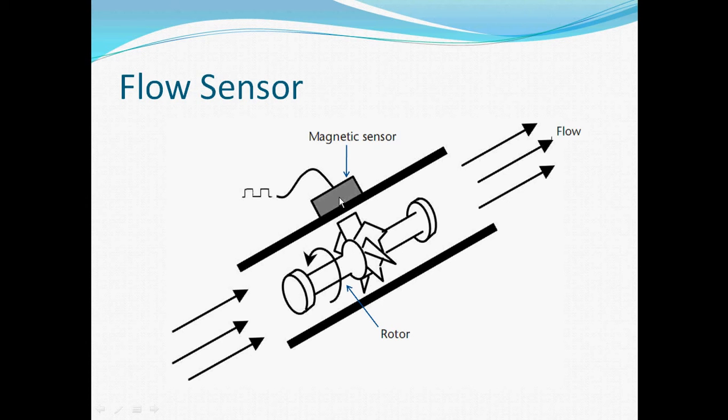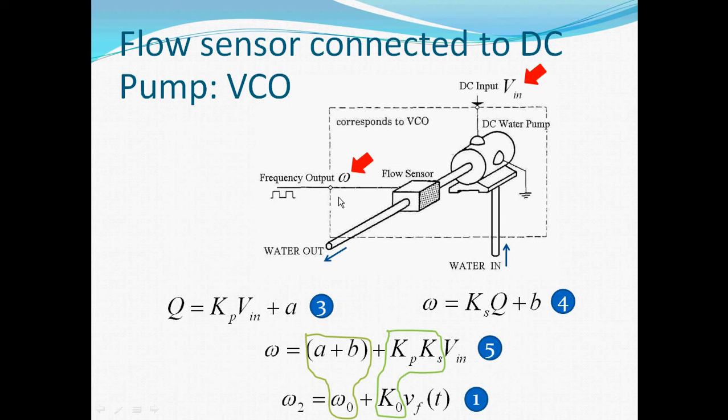As the blades rotate, they can be sensed by a Hall device attached to the pipe. The signal generated by the Hall sensor has a frequency proportional to the flow of liquid. The turbine should be used only with clean fluids such as gasoline.